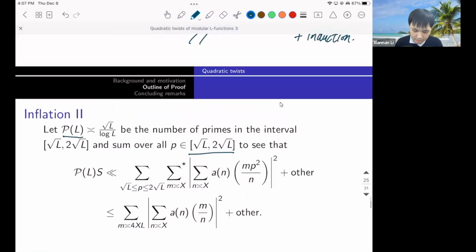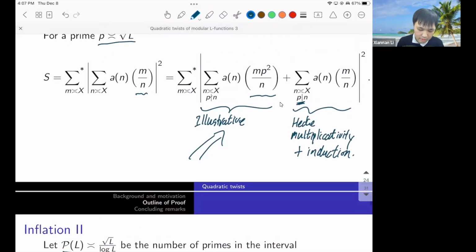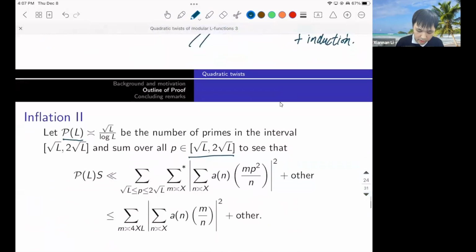It doesn't really explicitly depend on the prime p, so what I have is just many, many copies of S, so P of L copies of S. And then on the right-hand side, this is my first term that I claim is illustrative over here. Okay, and then all the other stuff I'm going to ignore.